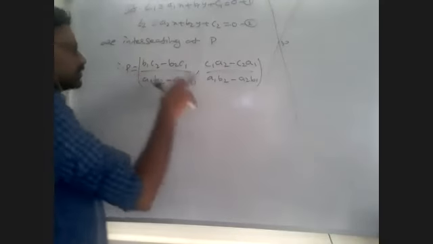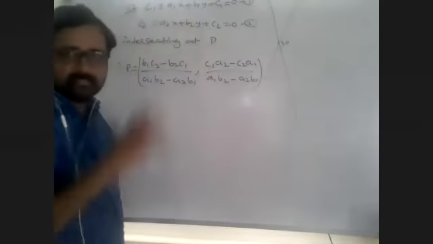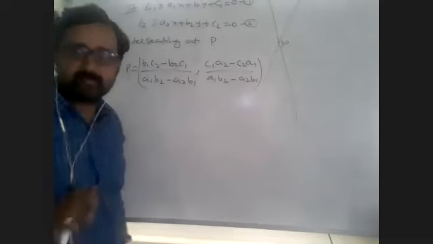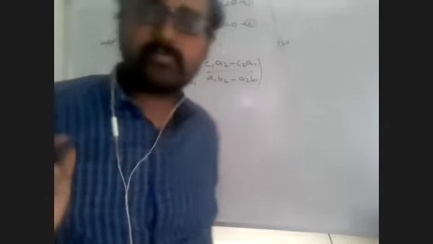You know A1, B1, C1, A2, B2, C2 from the given two lines. Just take the values and substitute in the formula, and you will get the point of intersection.